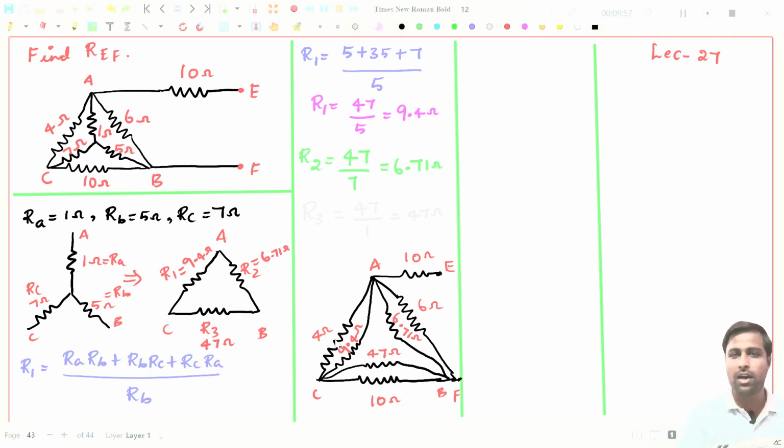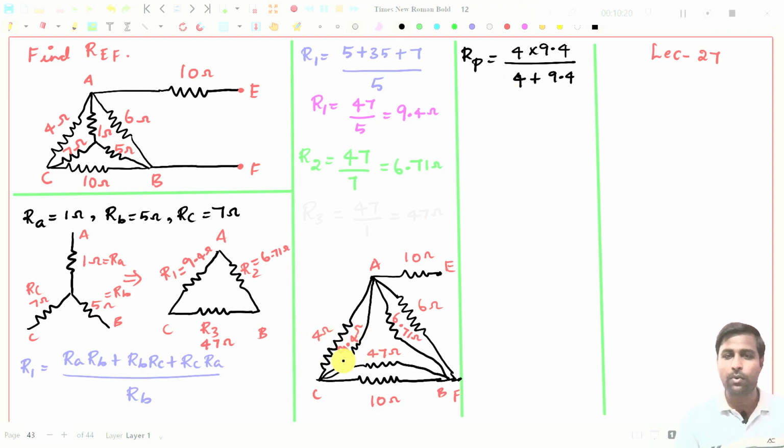RP value, RP will be equal to 4 ohms plus 9.4 ohms, and in the numerator 4 into 9.4, right? Which is nothing but R1 into R2 divided by R1 plus R2, right?